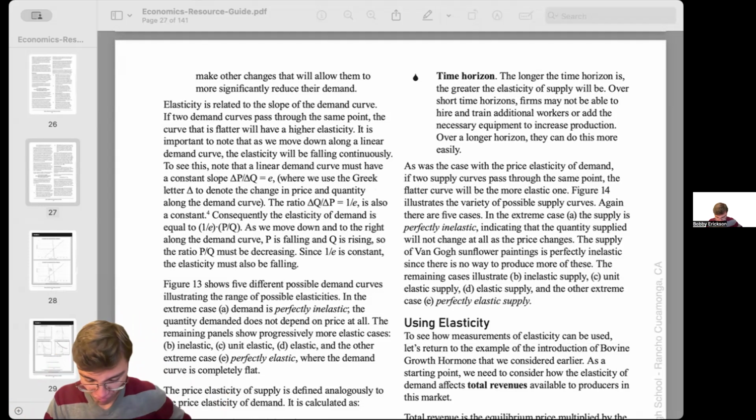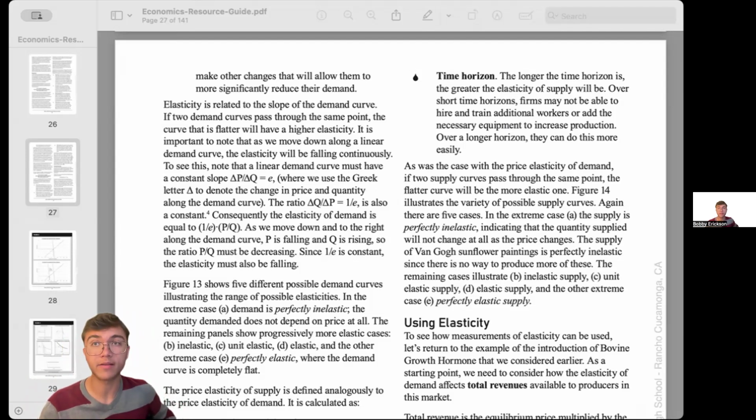Just like with price elasticity of demand, if the supply curve is flatter, that means it's more elastic. And once again, we can have perfectly inelastic, inelastic, unit elastic, elastic, and perfectly elastic for each supply. A good example of perfectly inelastic would be Van Gogh sunflower paintings.